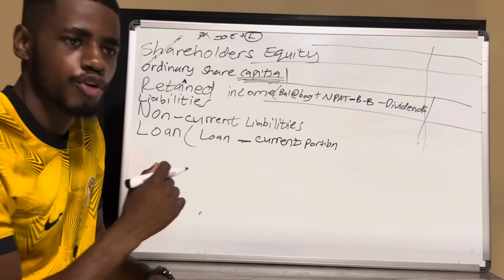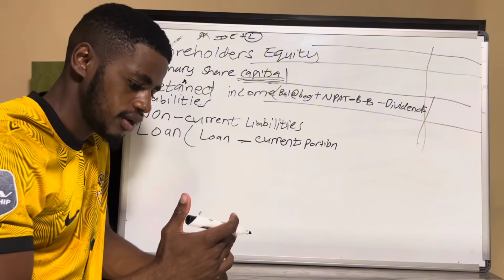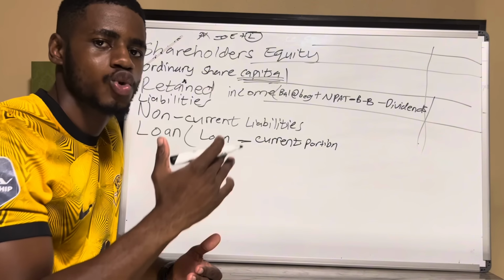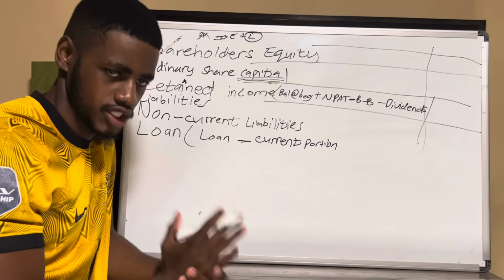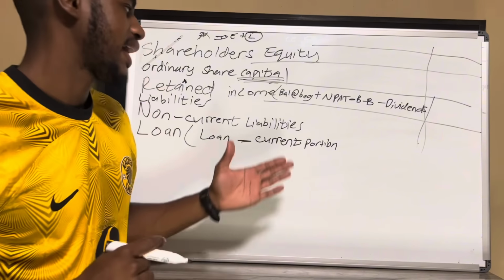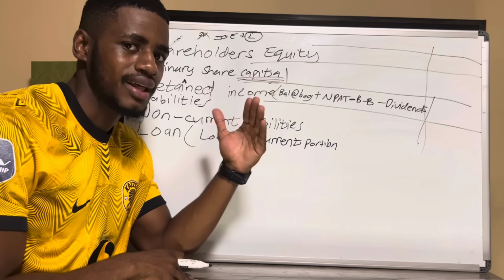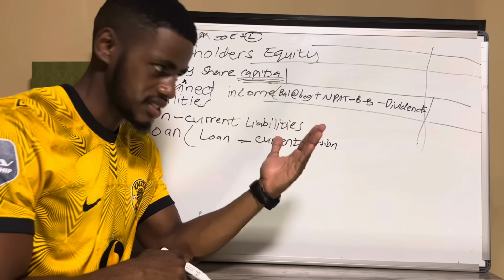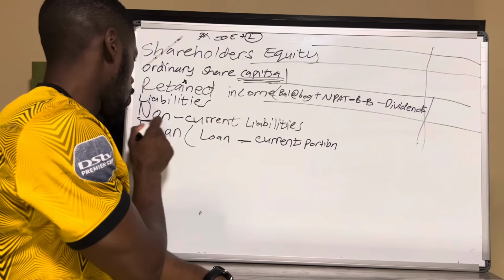Now, current portion of loan is any loan amount that we will be paying back within the next 12 months after our year has finished. I'll repeat that one again. Current portion of loan is any loan amount that we will be paying back within the next 12 months. Remember, we are talking about non-current here.